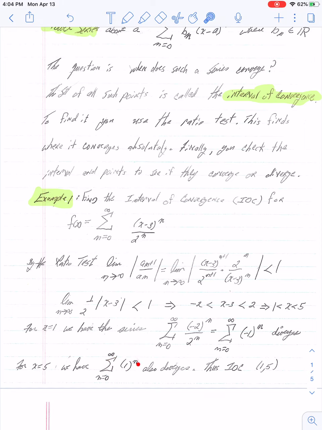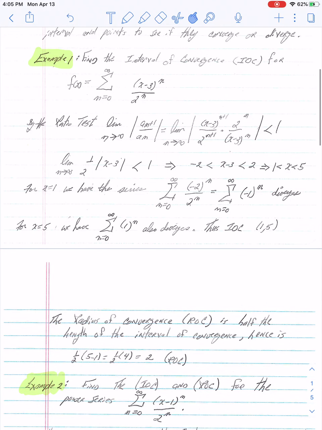That is just a geometric series with r being 1. And again, a geometric series only converges when the absolute value of r is less than 1. Not the case here. Therefore, it diverges. So what is our interval of convergence? The answer is it is the interval from 1 to 5. That's what we had up here, but checking the endpoints says we do not include the endpoints.